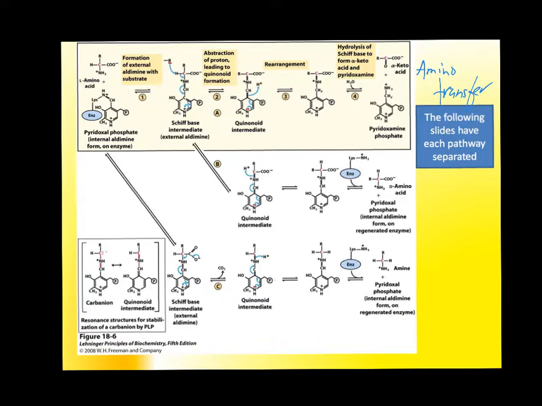The second thing is that it can do a racemization reaction, which we'll talk about in a moment. And then finally, they can also many times do decarboxylations. Okay, everybody know to get caught up.